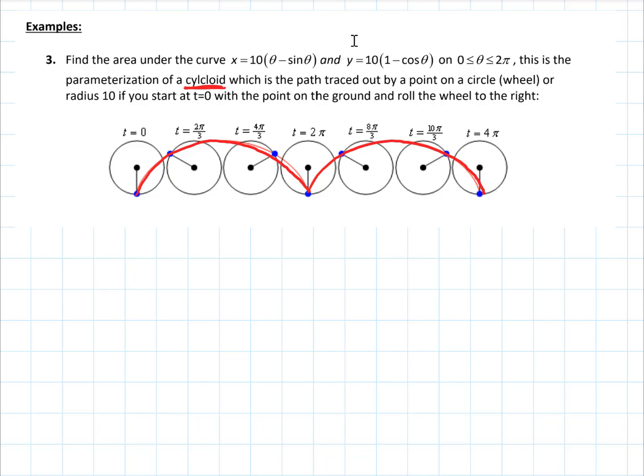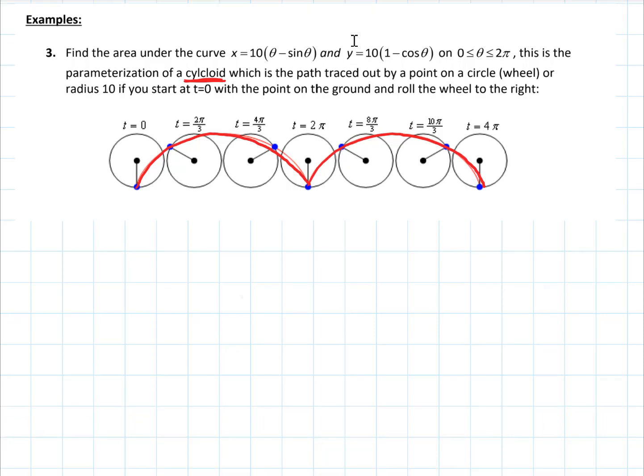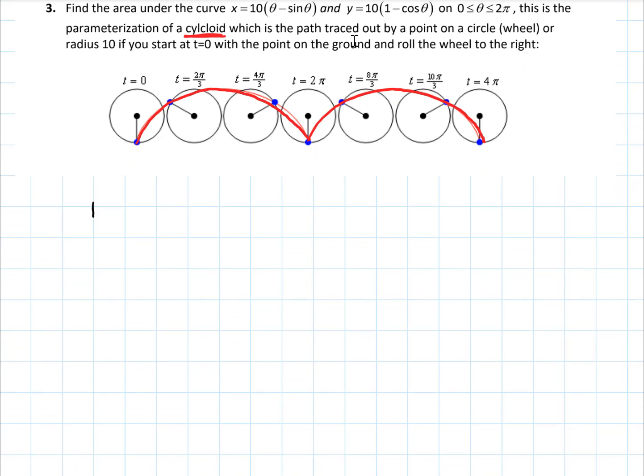We're only going to go across the first curve, from 0 to 2 pi, and let's figure out what would be the area of that cycloid from 0 to 2 pi.